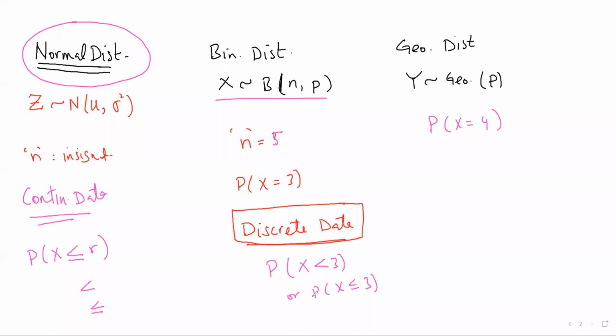I said there was one difference that I forgot to mention: in your binomial and geometric distributions, you have just two kinds of events, success or failure. But there's no such limit on the normal distribution. Your data can vary throughout.